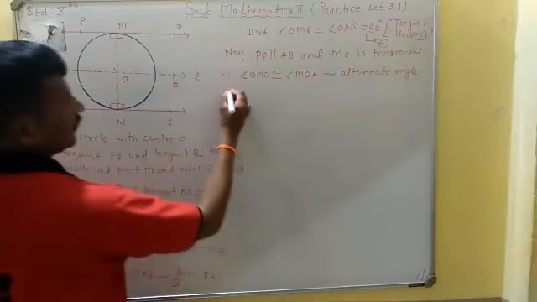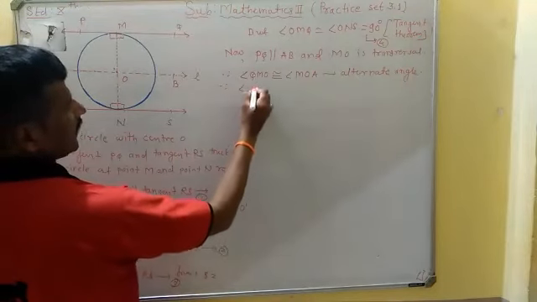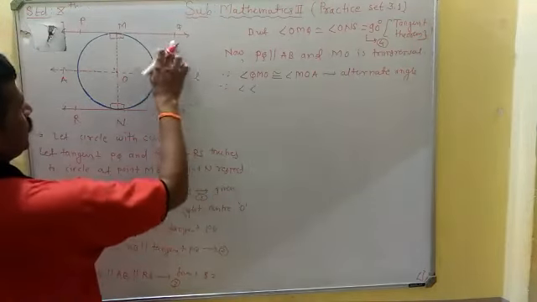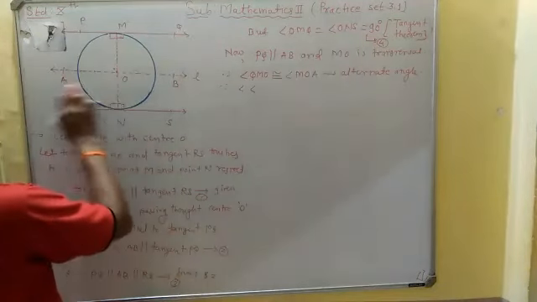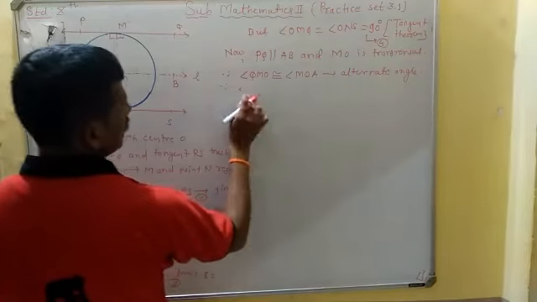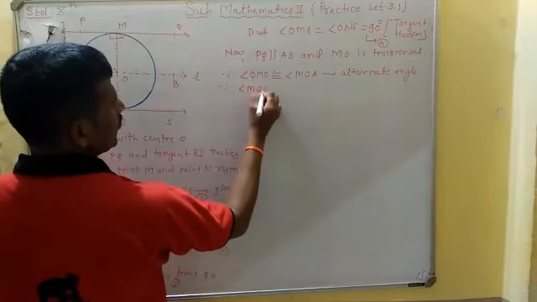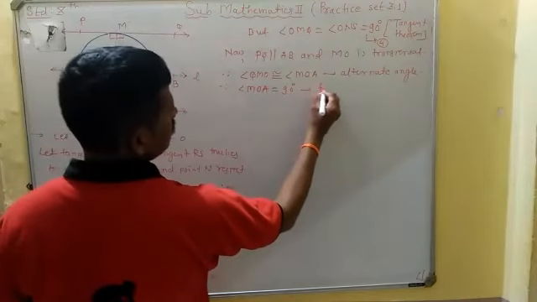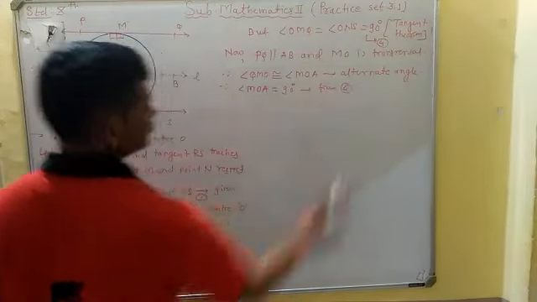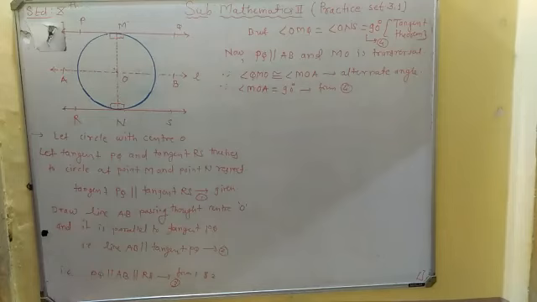We know the angle QMO from 4 is 90 degrees. Therefore, angle MOA is also equal to 90 degrees from 4.